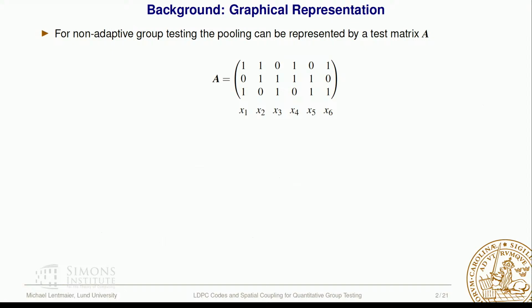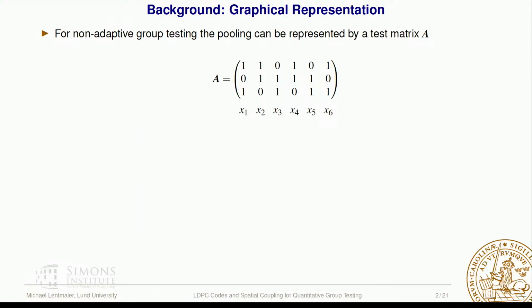So in principle, we can write these tests. We can use a matrix to define which items are included in which of the tests. So every row in that matrix is a test. These are now only 6 items, and we see which items are tested in which test.